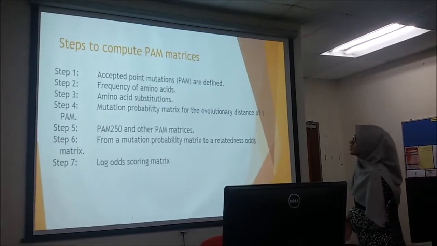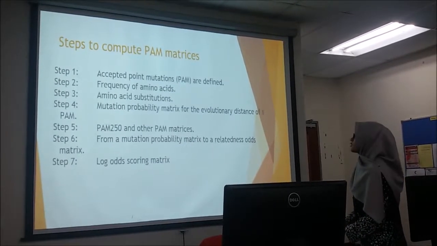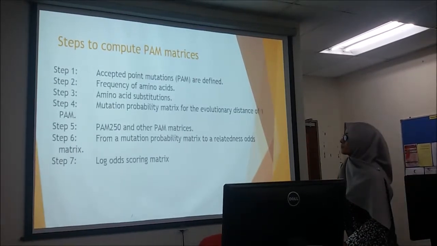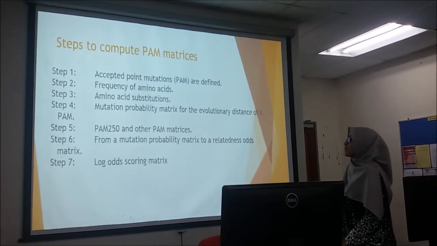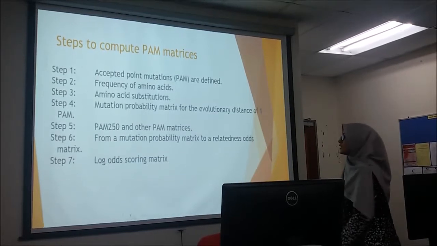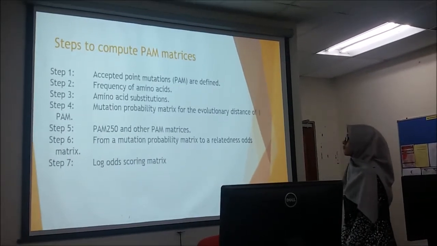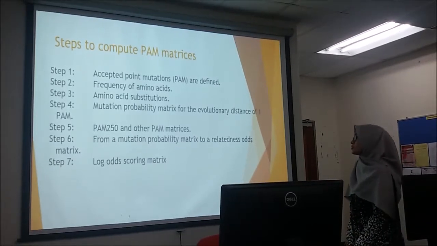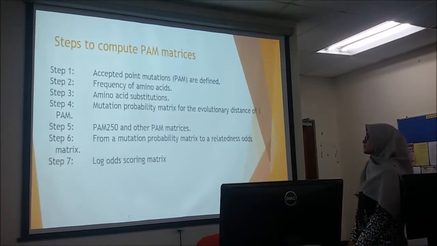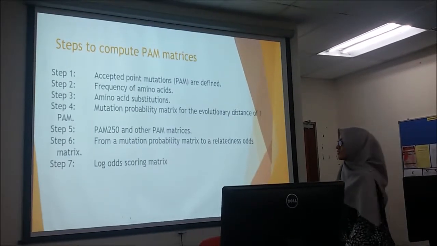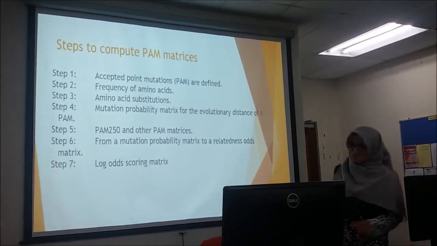Step 4, mutation probability matrix for the evolutionary distance of one PAM. Step 5, PAM250 and other PAM matrices. Step 6, from a mutation probability matrix to a relatedness odds matrix. And step 7, log odds scoring matrix.